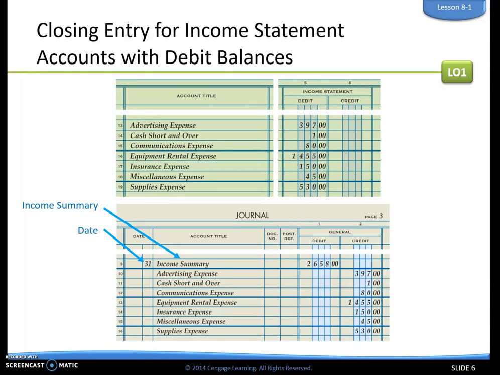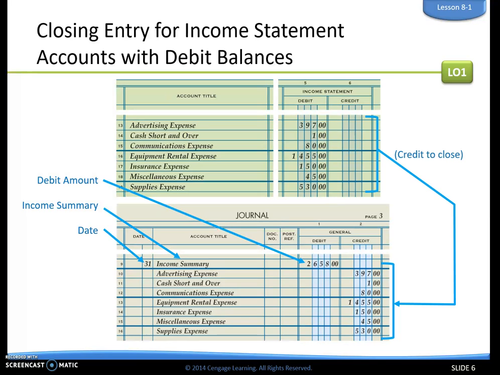So income summary is the debit. Then you would list all of the expense accounts and their amounts. You would add up the expense accounts, and the total is what the debit amount is for this closing entry.